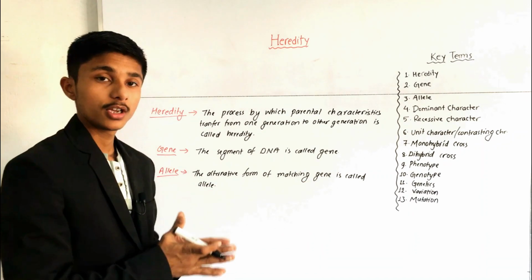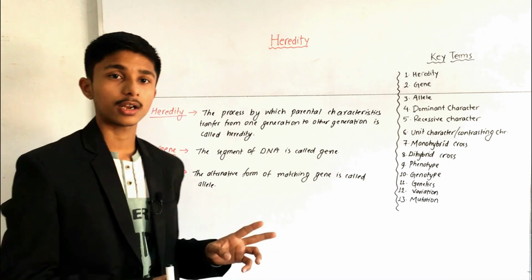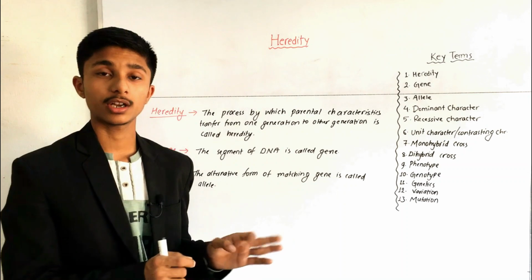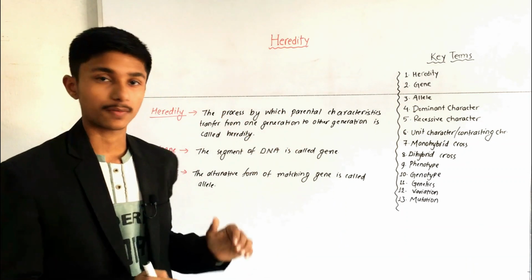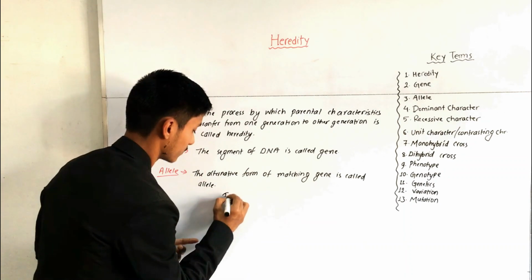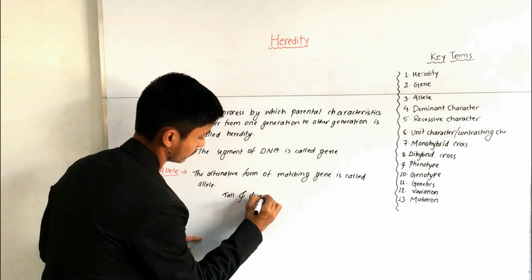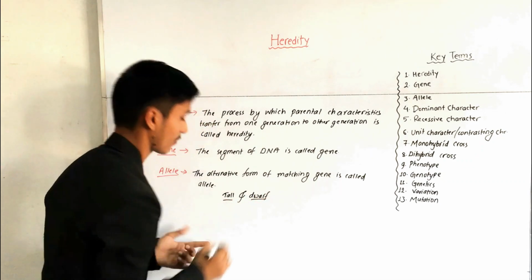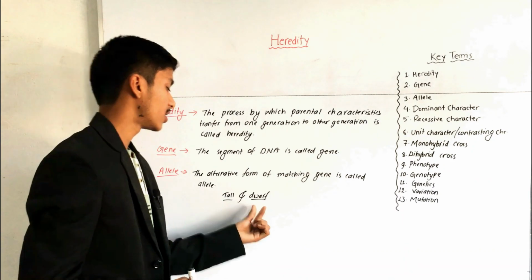What does it mean? Suppose the gene for height. There are two types of gene under height, that is tall and dwarf. This is the gene for height, tall and dwarf.